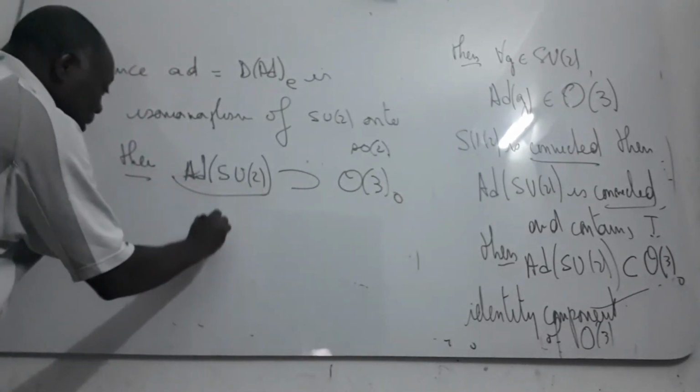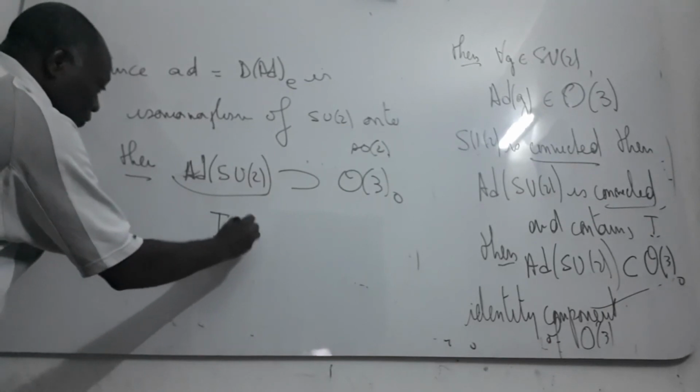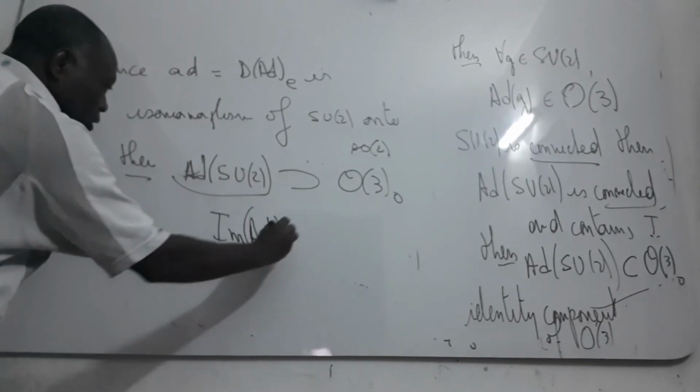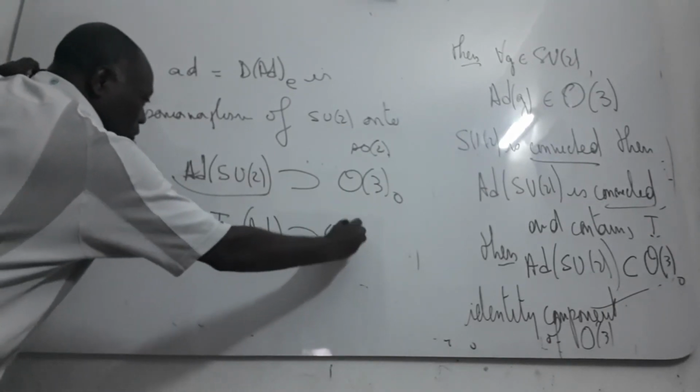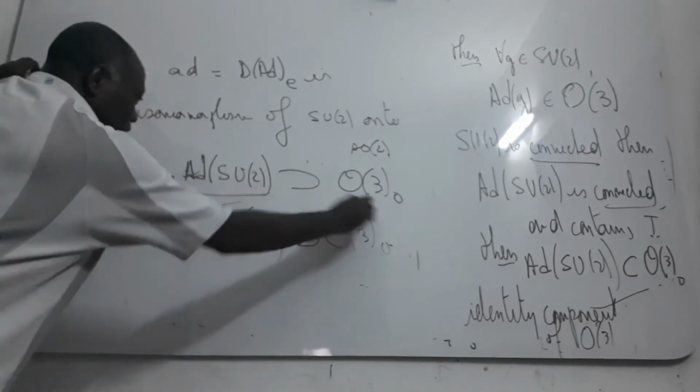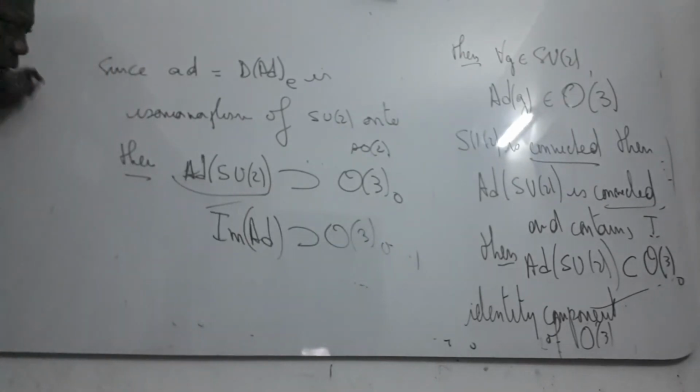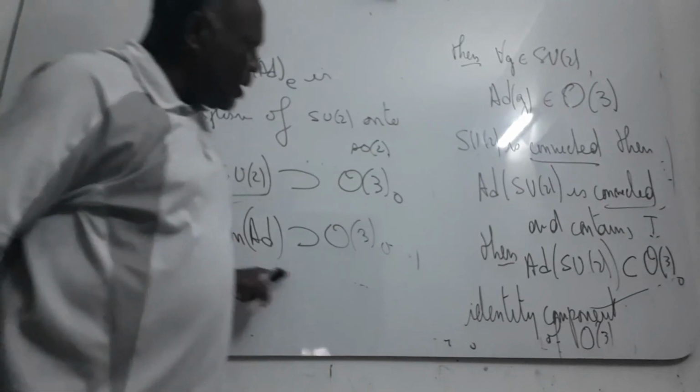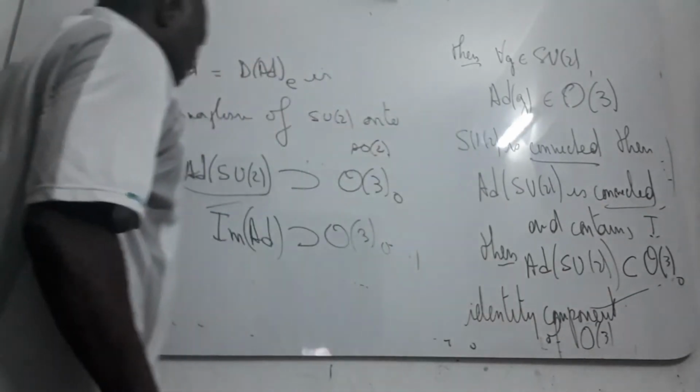That means that the image of the adjoint representation is contained in O3. This is always the case, the image is contained here.